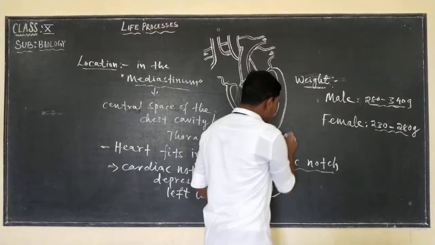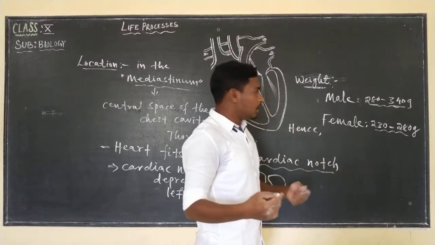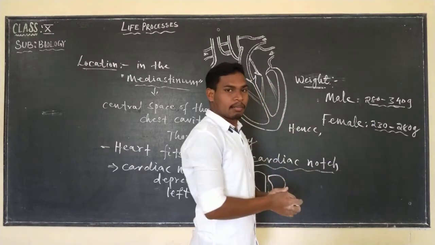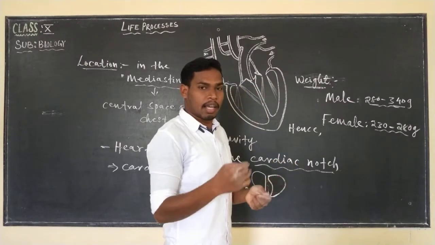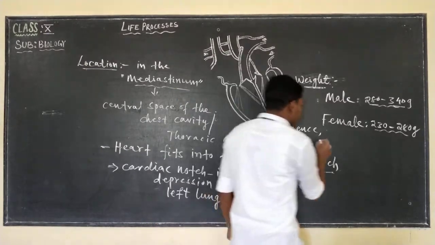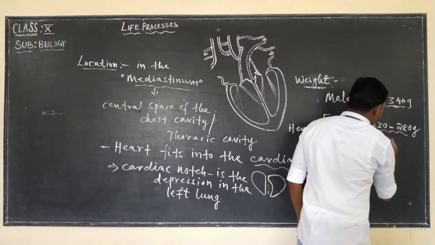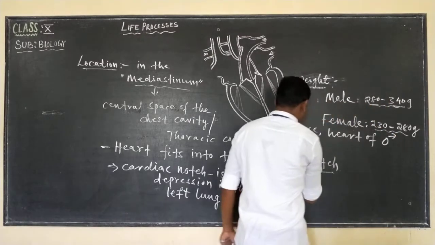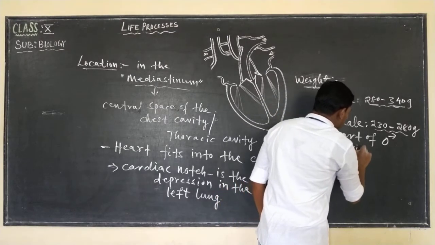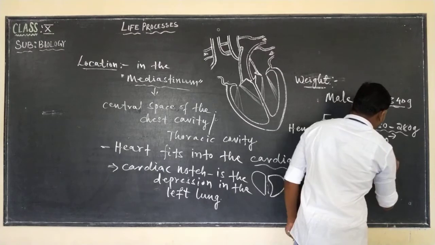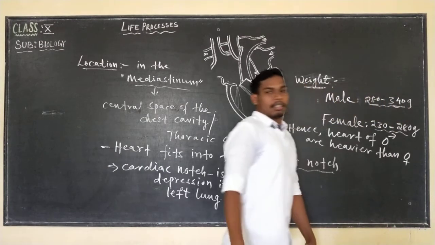Hence the weight of the heart in males is slightly more. The heart of males is slightly heavier than that of females. In male it ranges from 280 to 340 grams, and in female from 230 to 280 grams.